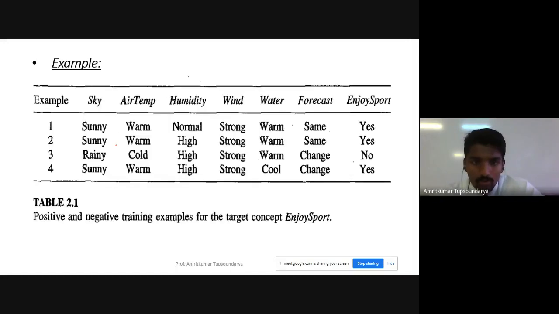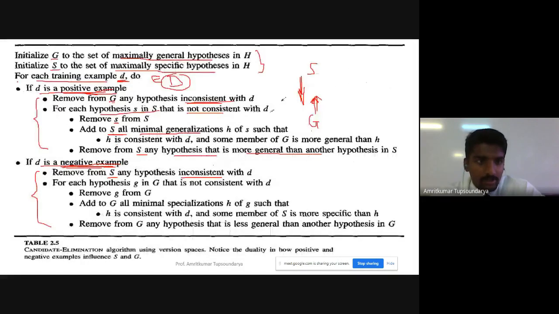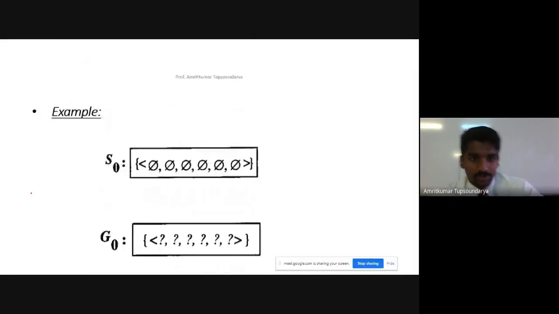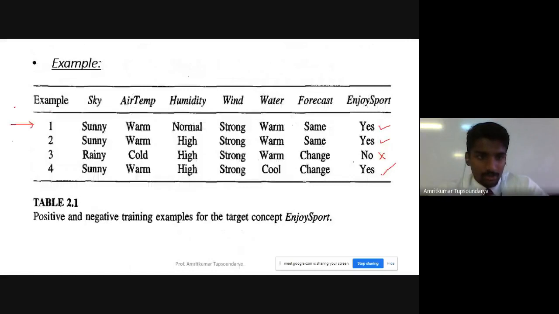Now, when we go back in the algorithm and see the next step, for each training example D, if D is positive, perform a set of instructions, and if D is negative, perform another set of instructions, right? So let's say the first training example is our positive example, right?